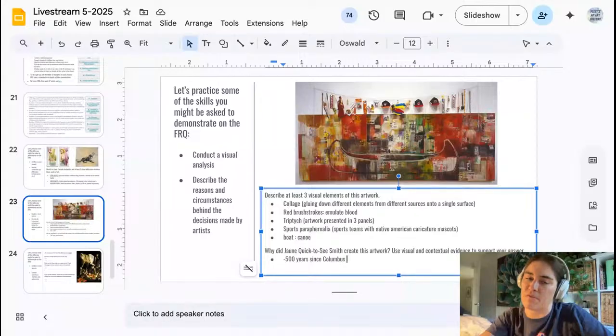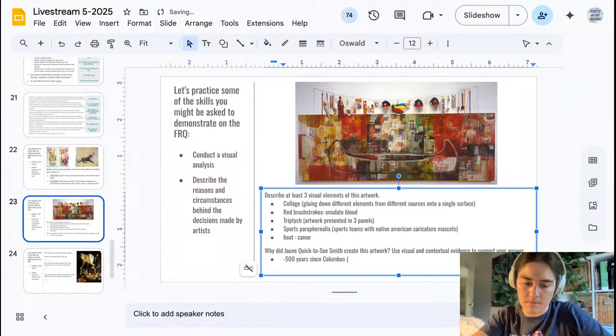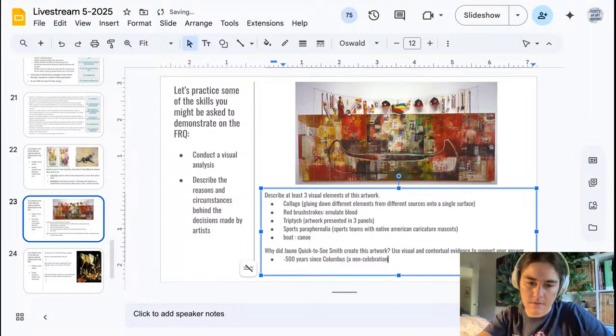But Jaune Quick-to-See Smith was like, this is a non-celebration, right?